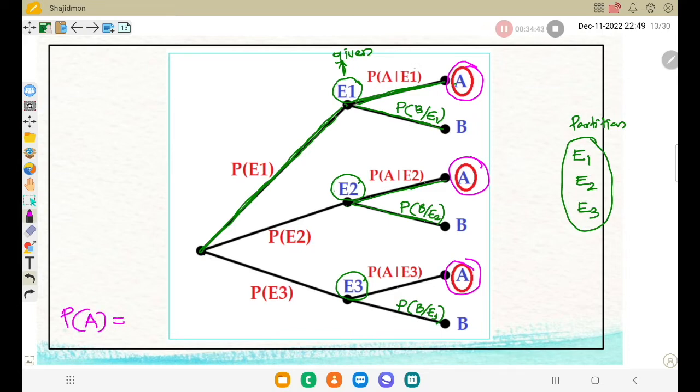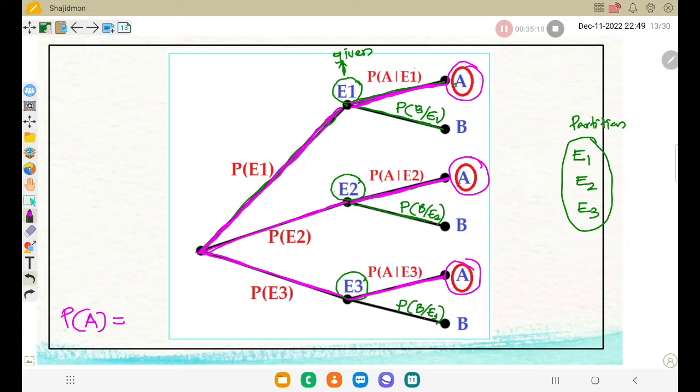Total probability means what we do, just take probability of E1, this branch, see I am highlighting this branch, probability of E1 multiply probability of A given E1. Okay, what is the next branch? Wherever the branches end with A, because we are calculating probability of A, correct? Now plus probability of E2 multiply probability of A given E2, this branch, plus probability of E3 multiply probability of A given E3. This is what we are calling total probability.